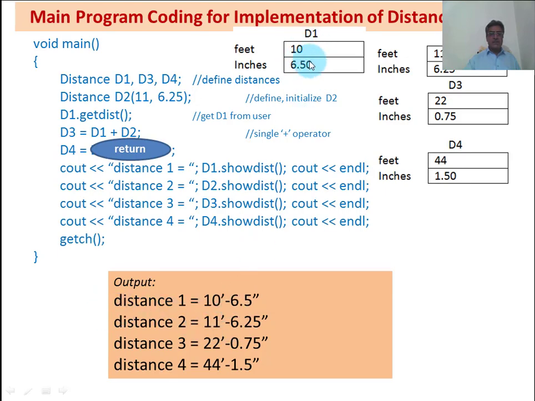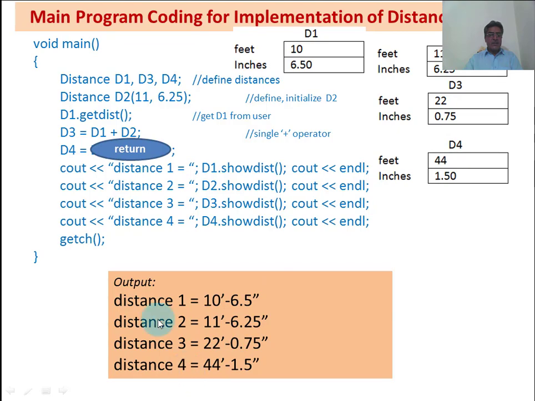These are the 10 feet and 6.5 inches which these 4 lines will display. 11 feet 6.25 inches. This is the memory value of D2. 22 feet 0.75 inches. This is the memory of D3. Here the feet are 22 and inches are 0.75. The computer will display it.